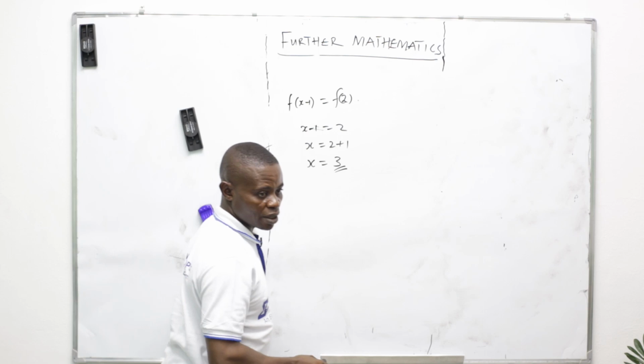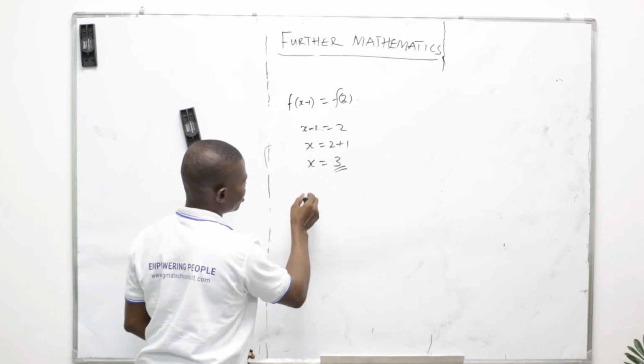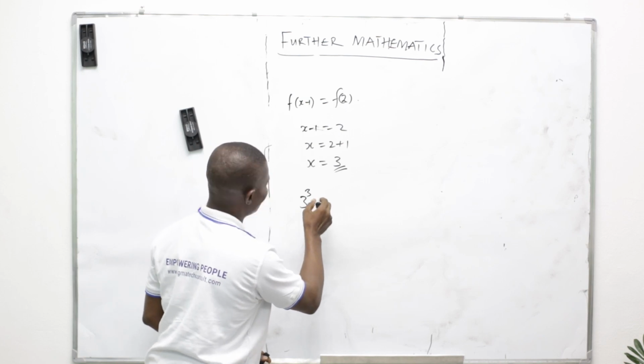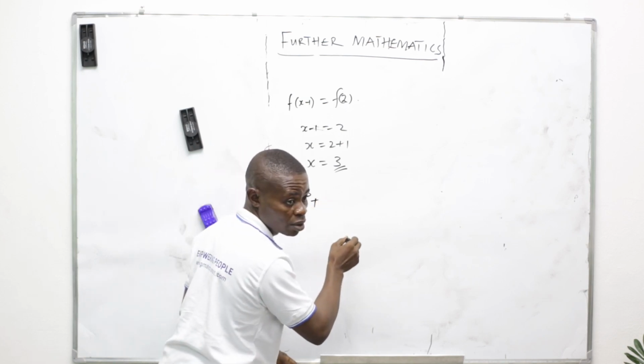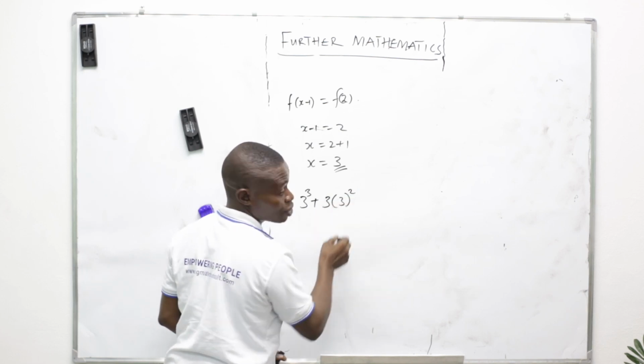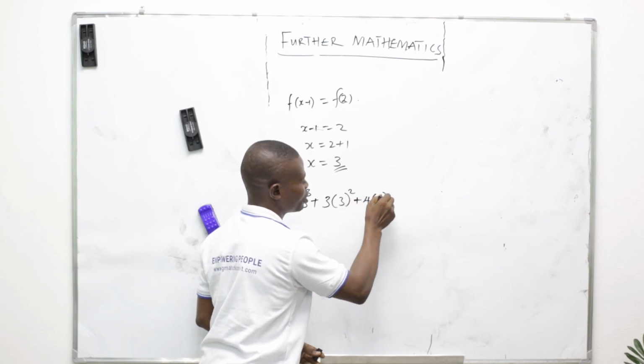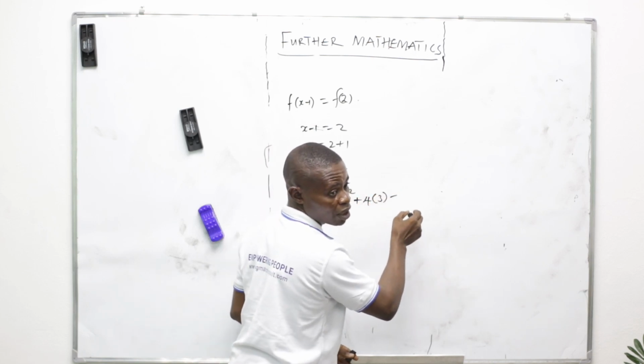If s is 3, now f of 2 means 3 cubed plus 3 times 3 squared, plus 4 into 3 minus 5.